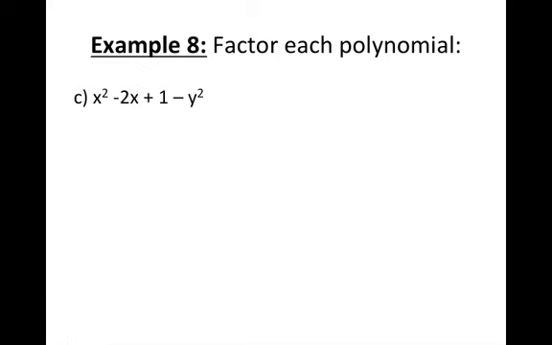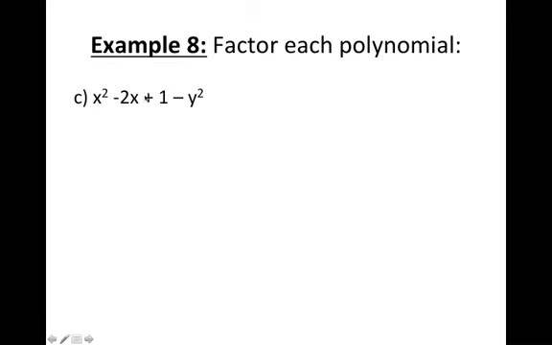All right, on the next one, we've got x squared minus 2x plus 1 minus y squared. So you may think, okay, I'm going to do factoring by grouping, but I'd do an x there, and I'd have x minus 2. If I tried doing this, what would I do? A difference of two squares, that's not going to work doing 2 and 2. But look at this. This is a perfect square trinomial.